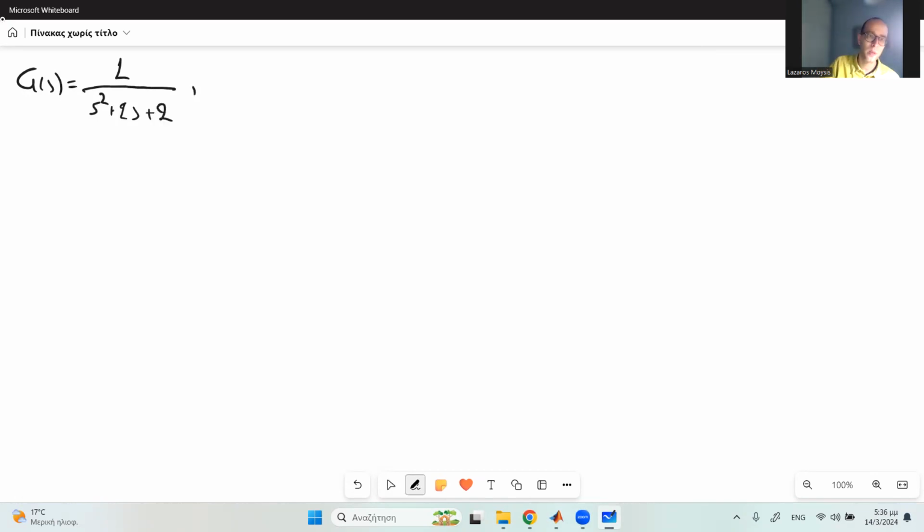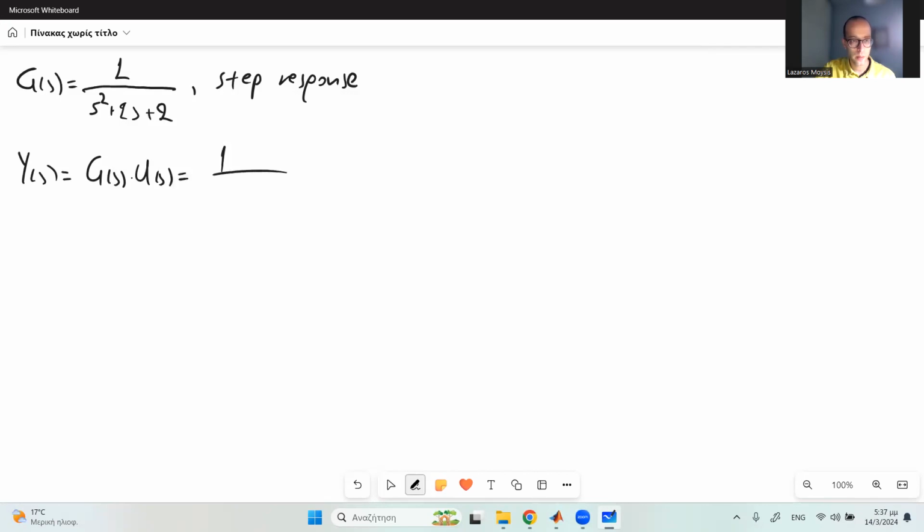And this time I'm searching the step response. So let's begin by solving the system. We have the output being transfer function multiplied by the input. So we have 1 over s multiplied by s squared plus 2s plus 2.